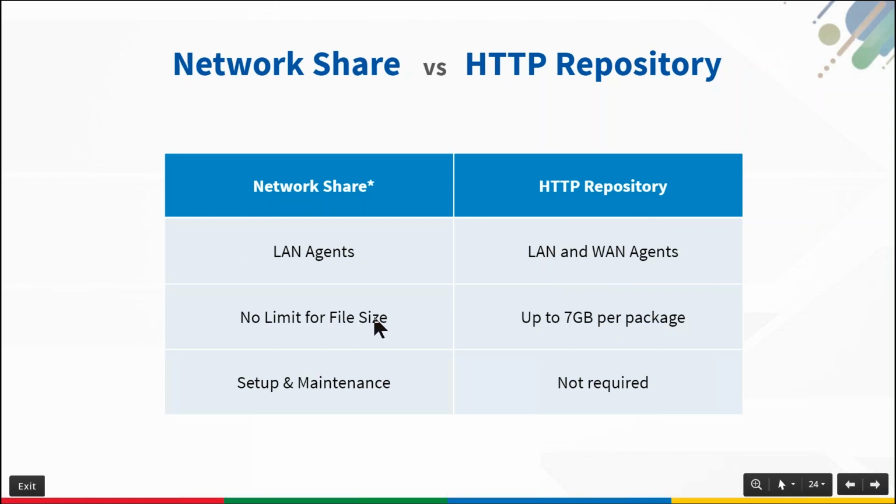There are no limits on file sizes for network share, whereas for the HTTP repository, the limit is up to 7 GB. Also, since network shares are very vulnerable to attacks, you need to set them up with proper credentials for access, and you need to maintain them continuously. No such things are required in an HTTP repository. Another thing I want to mention is that we support DFS shares as well. In case you have a DFS share, you can map it to Desktop Central and you will be able to use it.